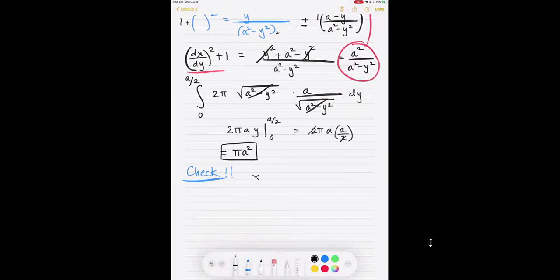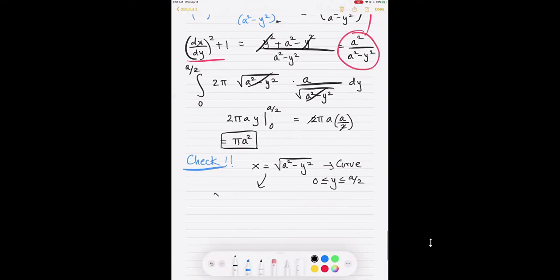So x equals square root of a squared minus y squared, right? So let's recognize this curve. This was 0 less than y less than a over 2. So isn't this part of the circle?